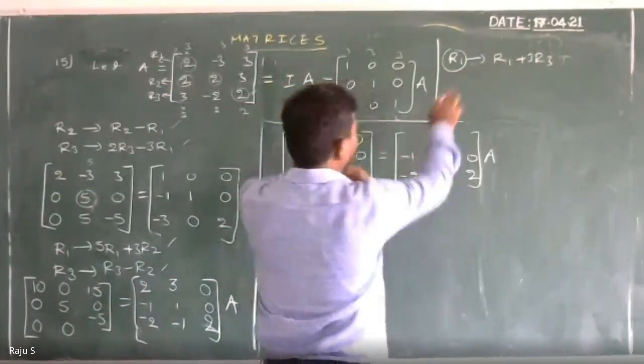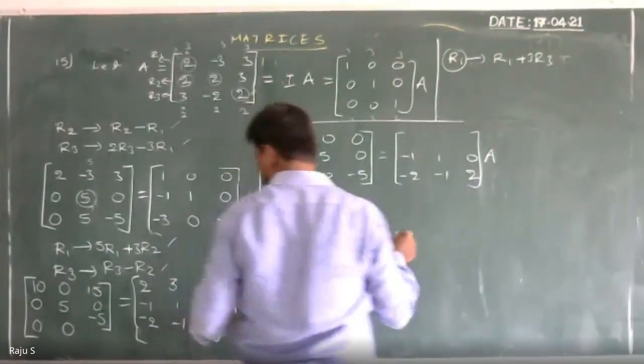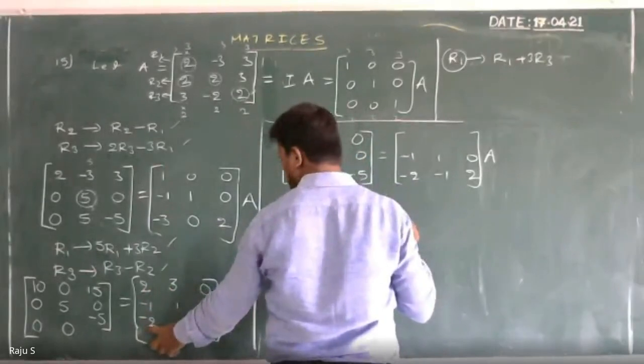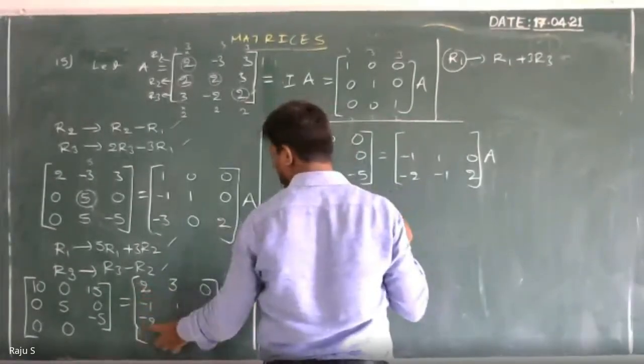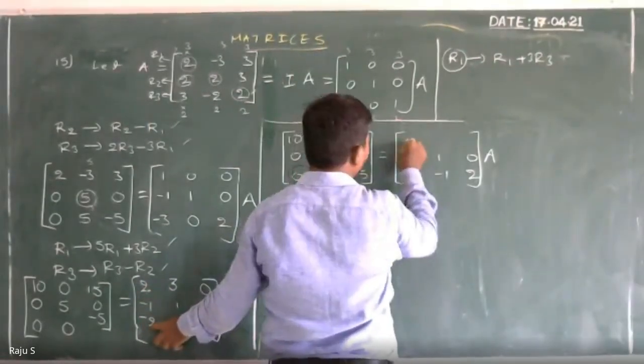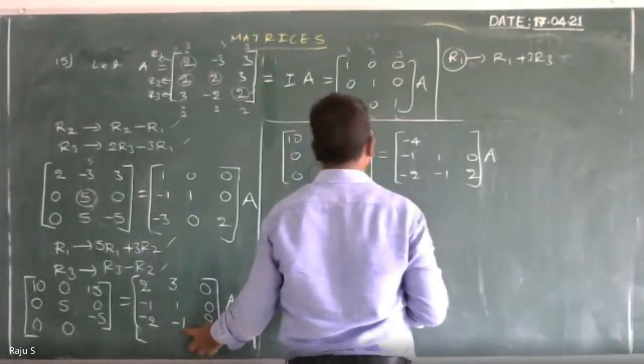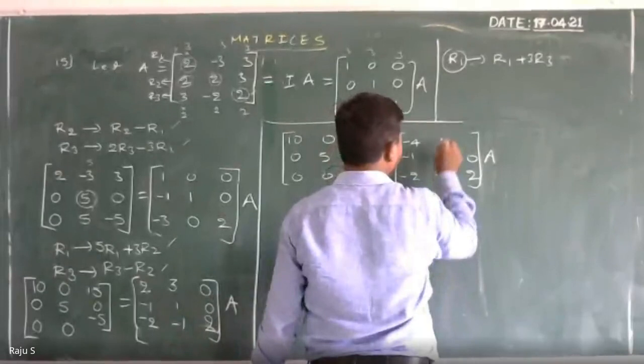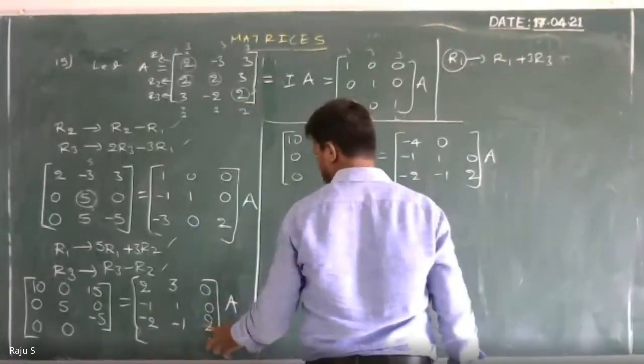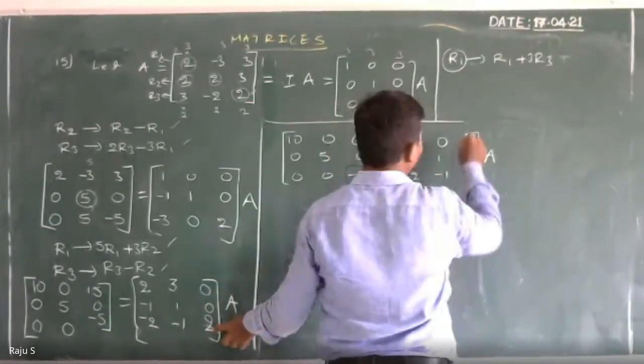Then same here, R1 plus 3R3. So 2, minus 6 minus 4. Then R1 plus 3R3, so this is 0, and this is 6.